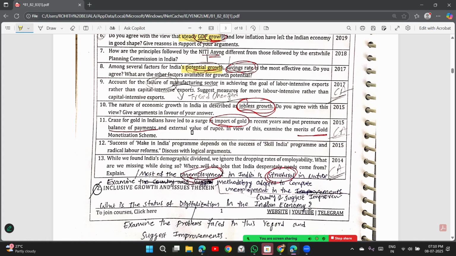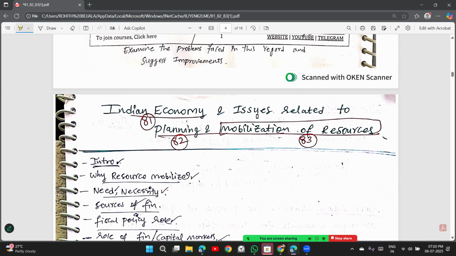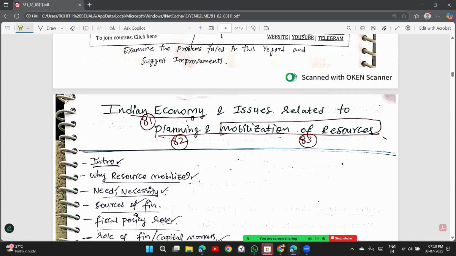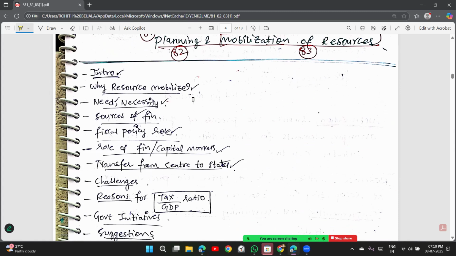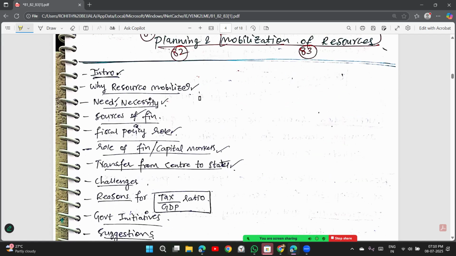Our first topic is issues related to planning and mobilization of resources. We'll be discussing what resource mobilization is, why it is needed, what its necessity is, from where we'll accumulate those resources, what the role of the fiscal policy of the government of India is, and also the resource transfers from the state to center, center to state, and vice versa.